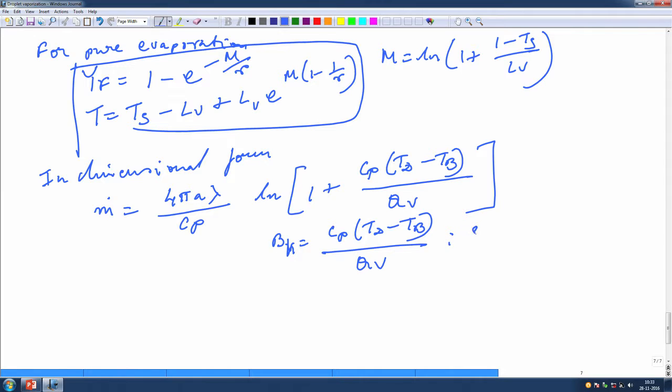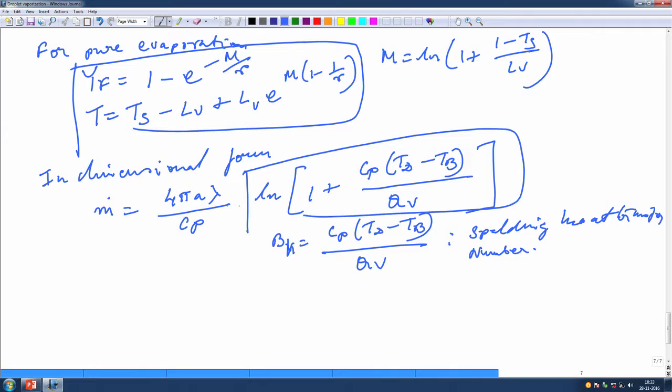This is called the Spalding heat transfer number. So, the mass flux is basically given by this into this, and this Bh is called the Spalding heat transfer number.